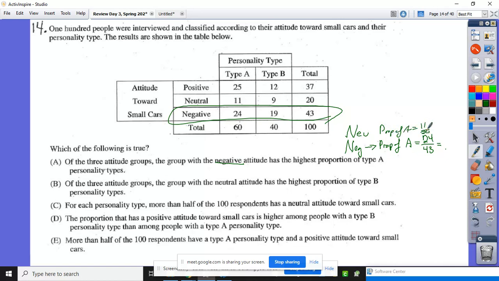Well, that's over half. This one's going to be more than that. And then this one, oh, these are all more than half.